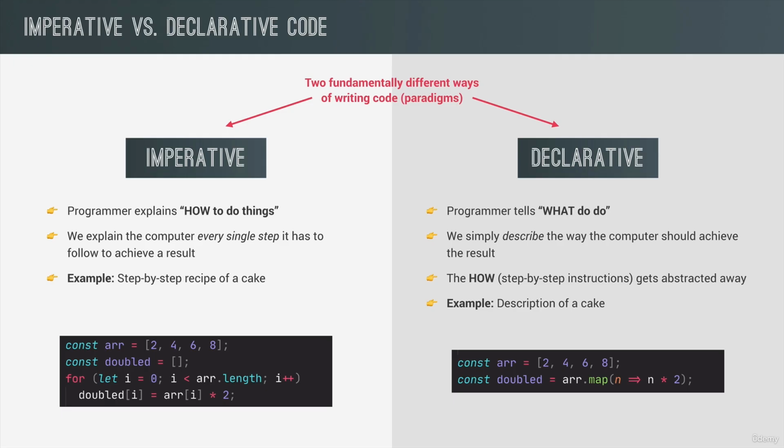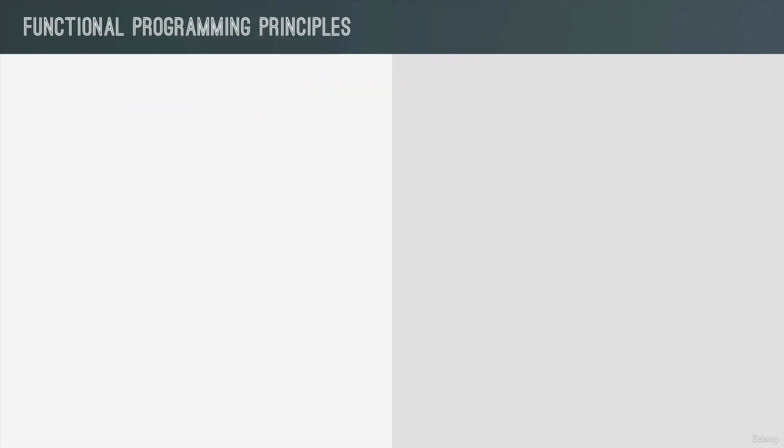All right? And this is pretty important to understand because more and more, this is how modern JavaScript code is actually written. So the difference between imperative and declarative is not just some theoretical difference. So the declarative paradigm is actually a really big and popular programming paradigm, which has even given rise to a sub-paradigm called functional programming.